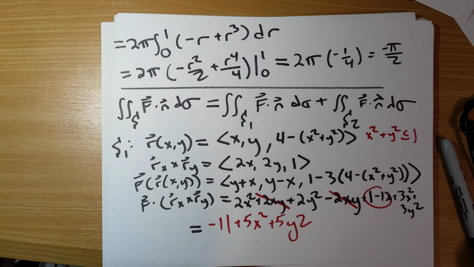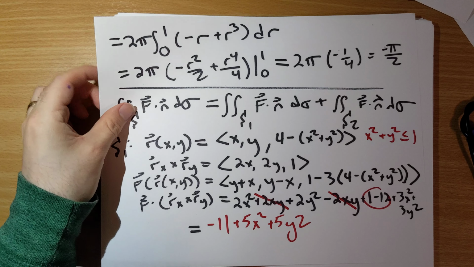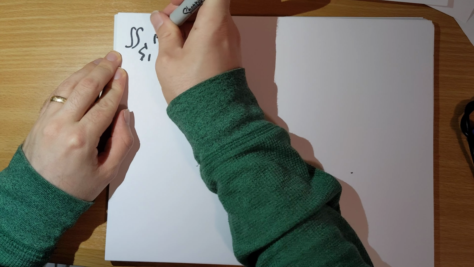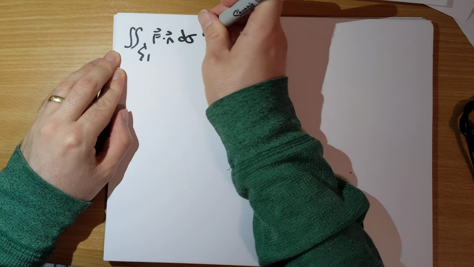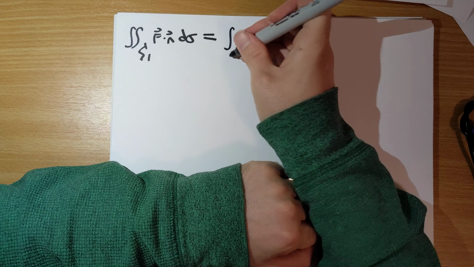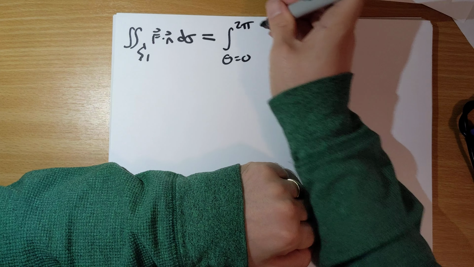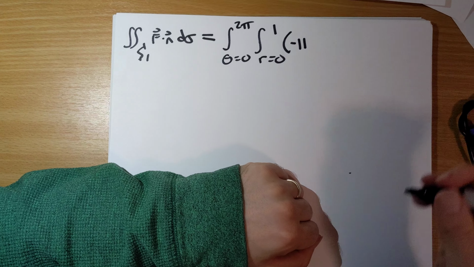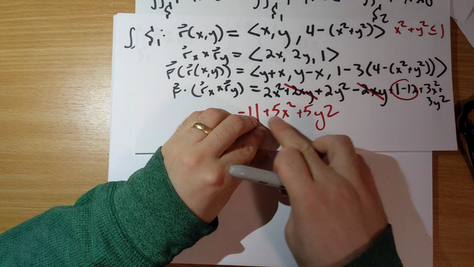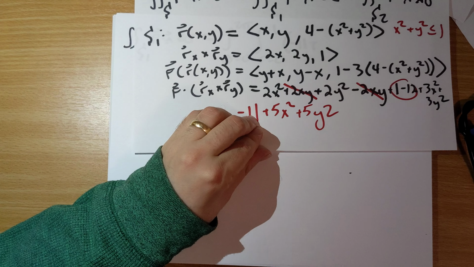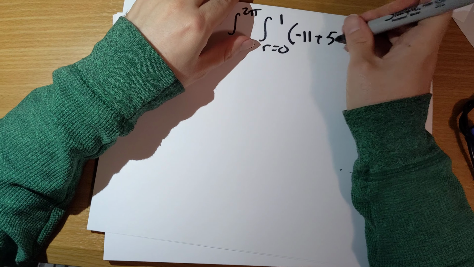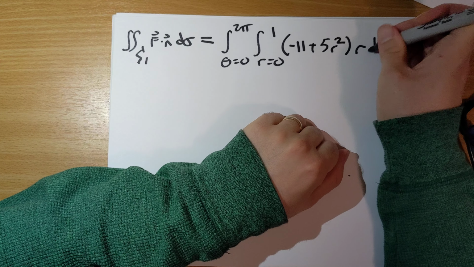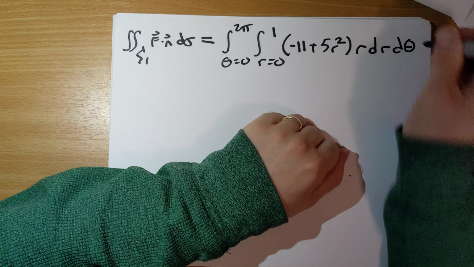So we're going to switch this to, unsurprisingly, polar coordinates. The double integral over S1 of f dot n d sigma is equal to theta runs from 0 to 2 pi, r runs from 0 to 1 of negative 11 plus, this will give us 5r squared. And then r dr d theta.